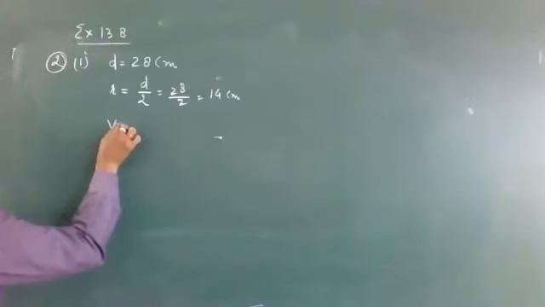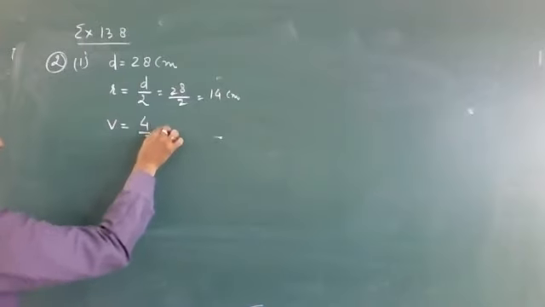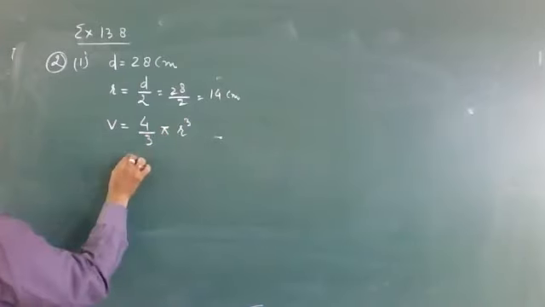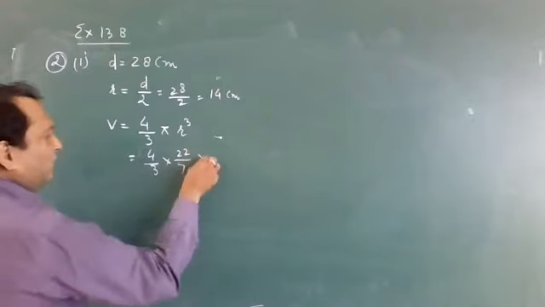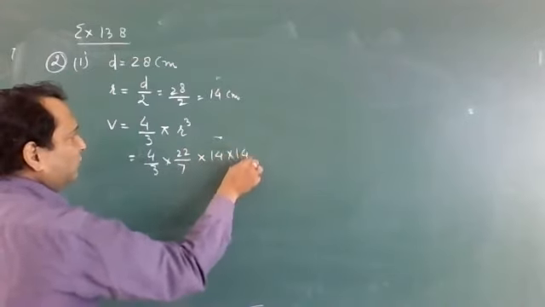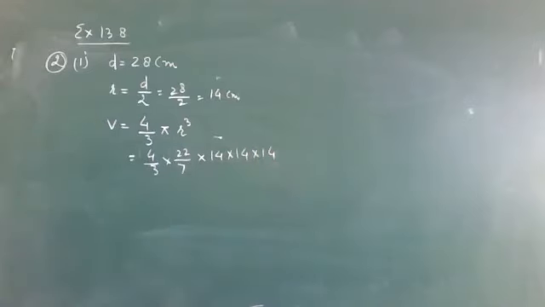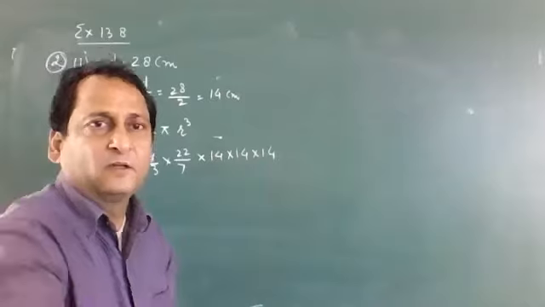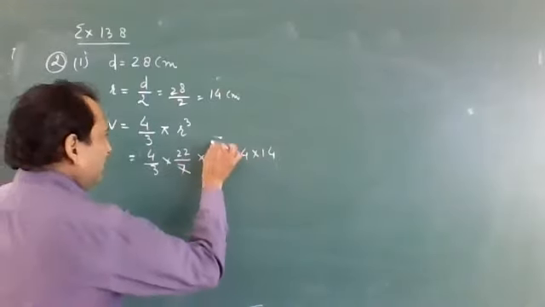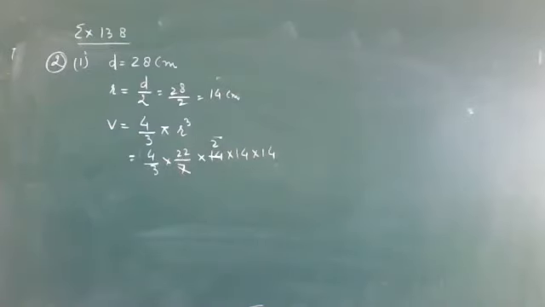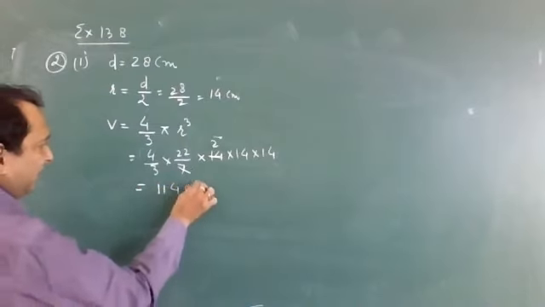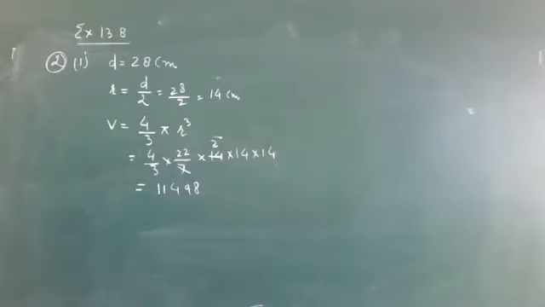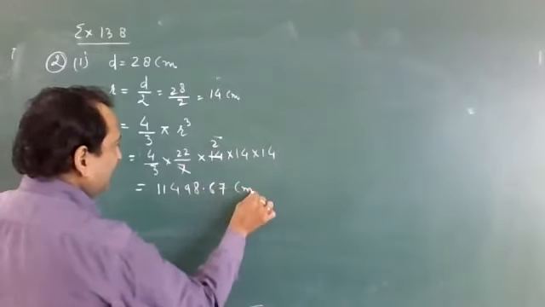The volume formula is 4 by 3 pi r cube, 4 by 3, value of pi 22 by 7, and 14 into 14 into 14. 7 twos are 14. Now we have to multiply, so when we multiply, the answer is 11498.67 centimeter cube.